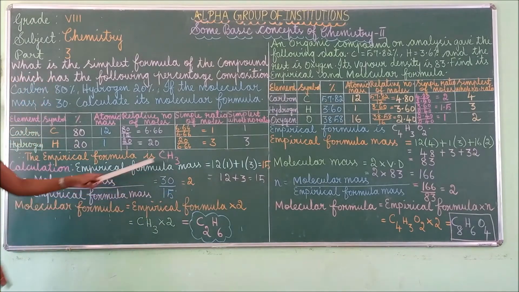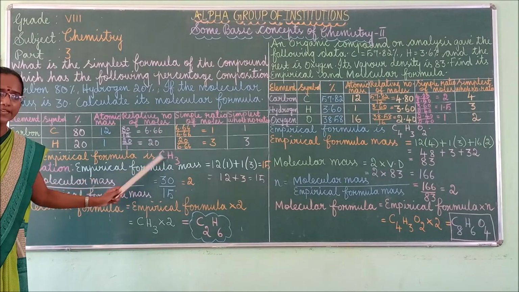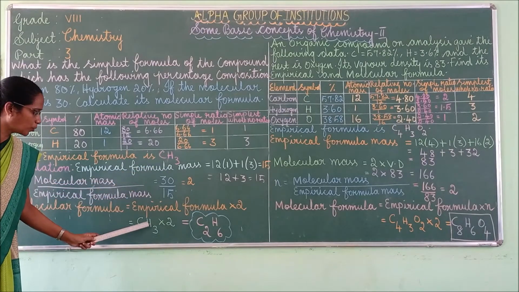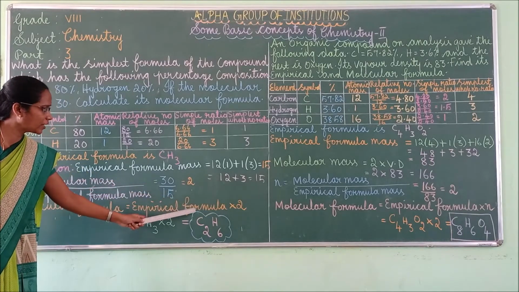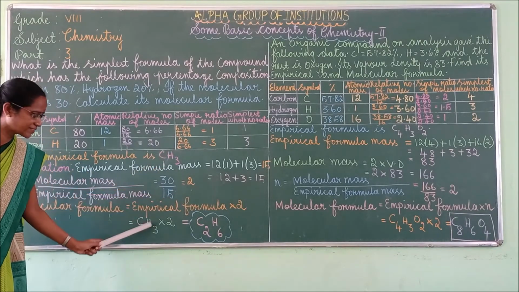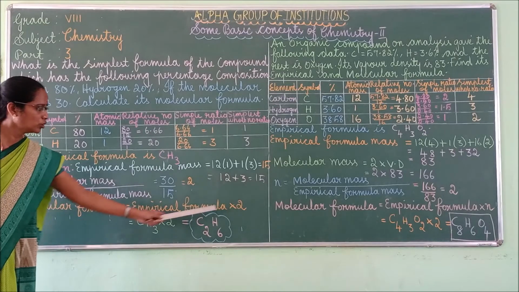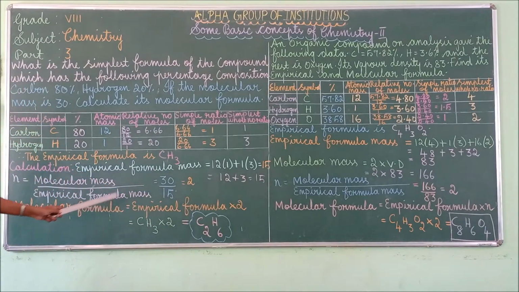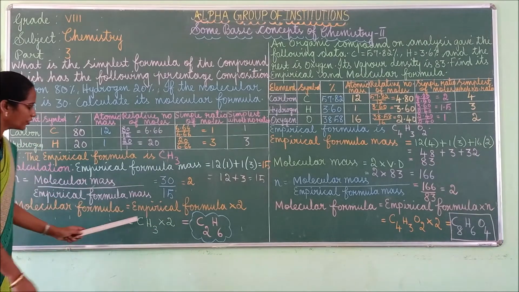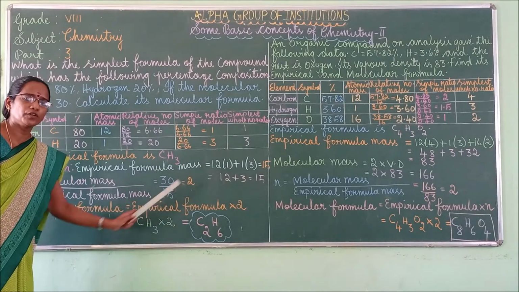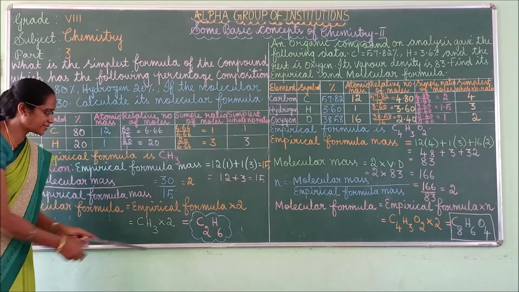The empirical formula we already know. CH3 is the empirical formula, isn't it? So put CH3 into 2. Okay, so the n value is equal to 2, isn't it?